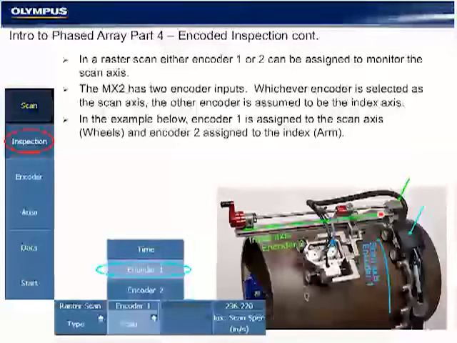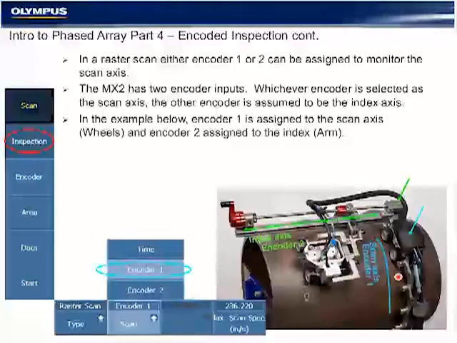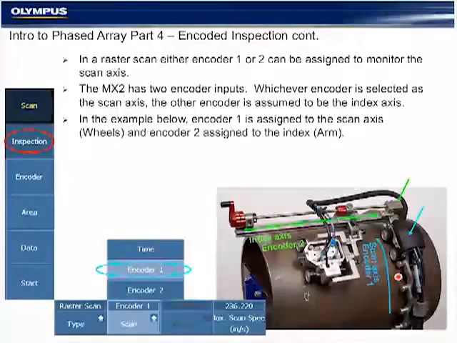So the scan axis didn't change. It's defined by a mechanical movement of the wheels and typically done at 1 millimeter resolution. But in the index axis of a raster scan, we are going to have electronic movement of the probe, and in this case, we have about a 50 millimeter total probe aperture between focal law 1 and focal law last.